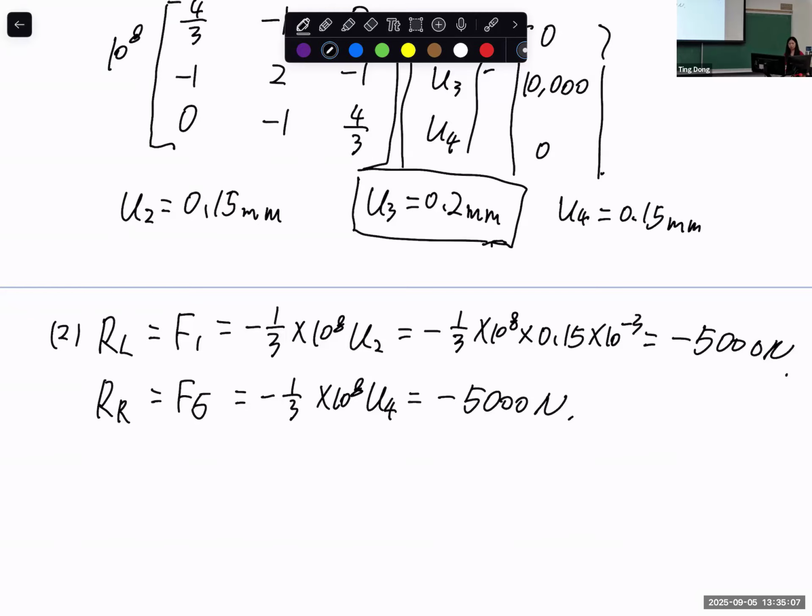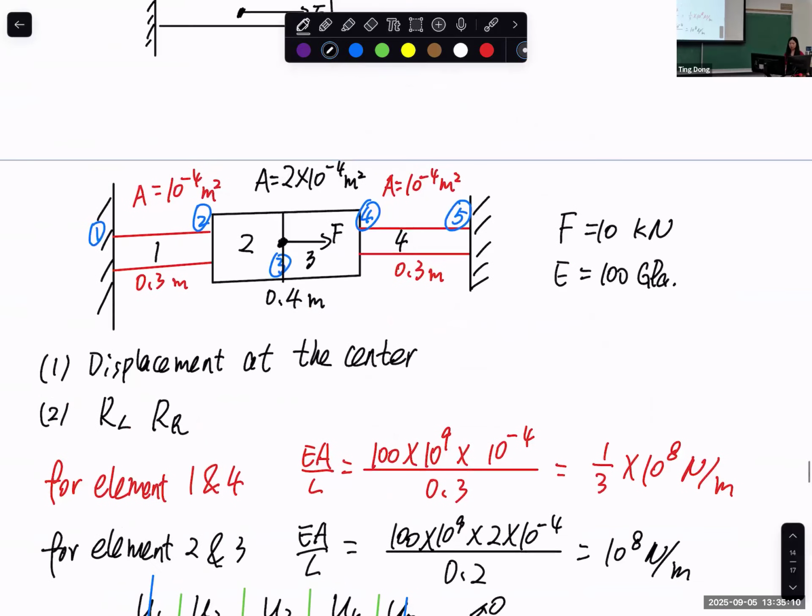What if I give the allowable strength of the material and ask you to check if the structure is safe or not? In that situation, we need to calculate the stress in each member. How to calculate stress? Potentially tension or compression, it is internal force divided by cross-section area.